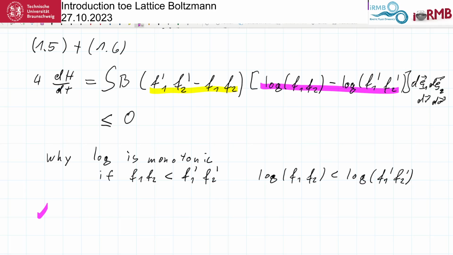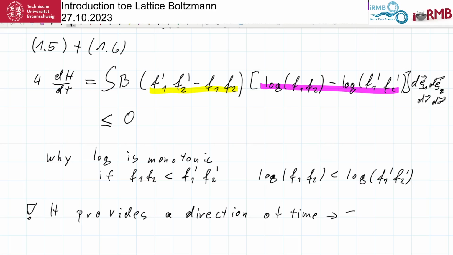Okay, now we are so much over time that I'm going to just finish this with these two sentences that I still have. So eta provides a direction of time.